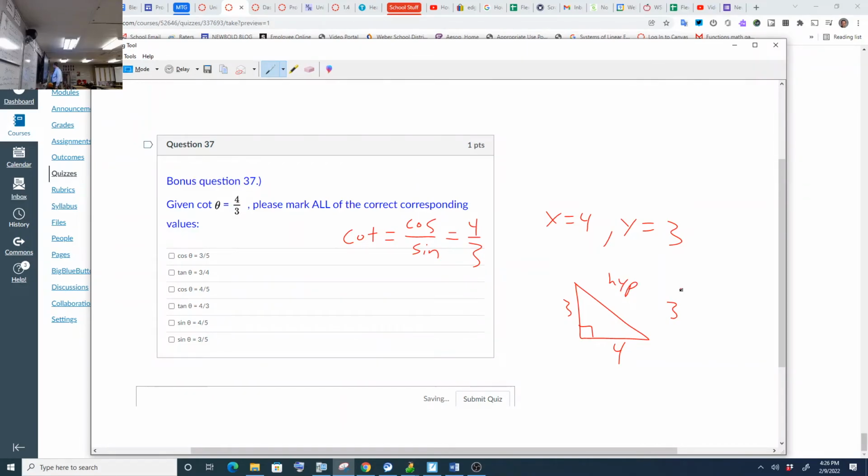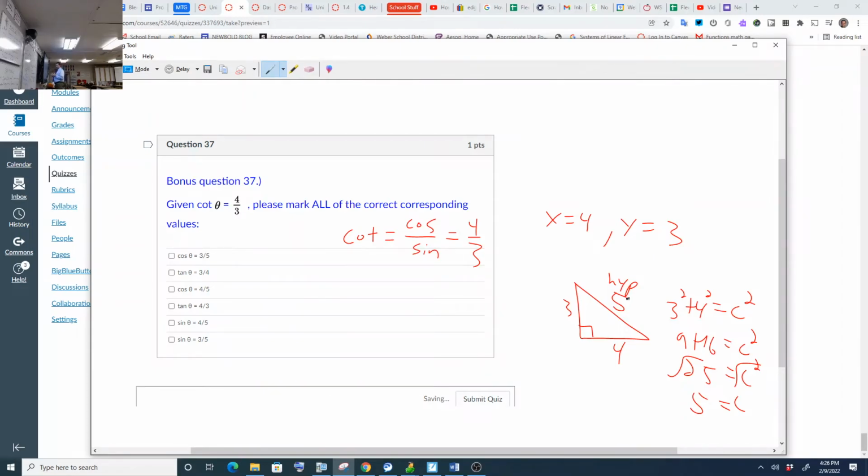3 squared plus 4 squared is equal to the hypotenuse squared. 9 plus 16 is equal to c squared. That's 25. We square root both sides, so c is 5. Our hypotenuse is 5, excellent. Depending on which angle we're looking at, be careful there.